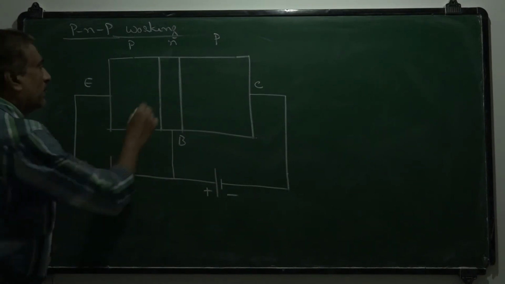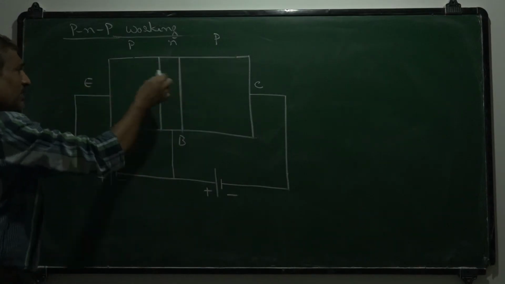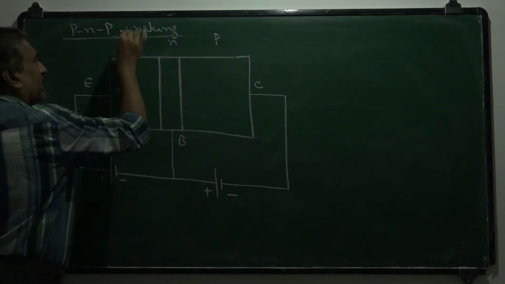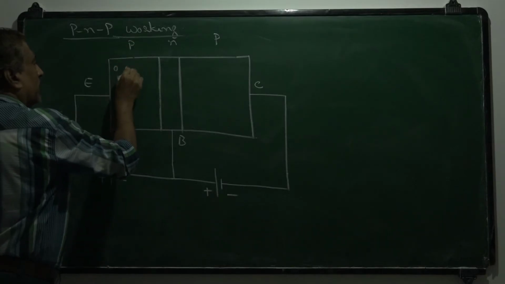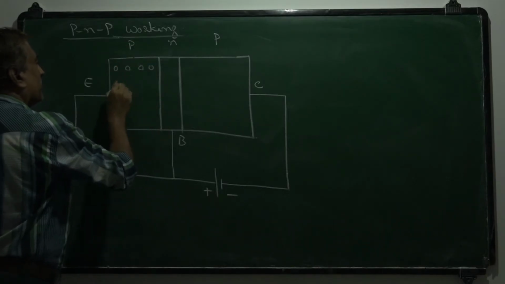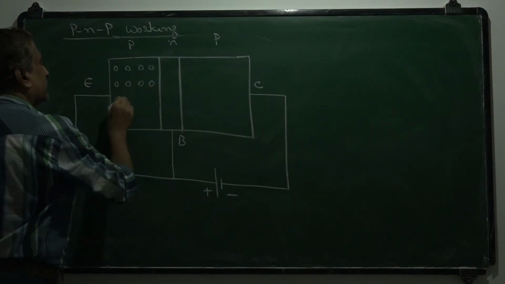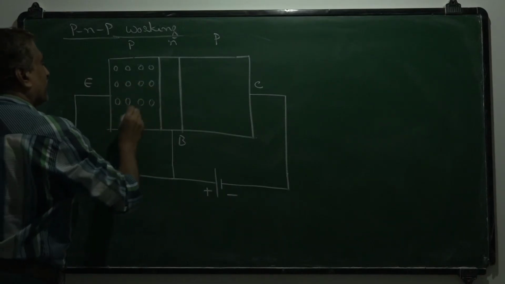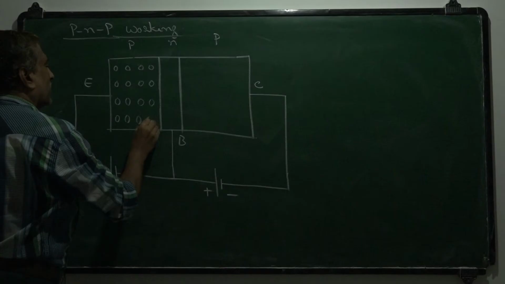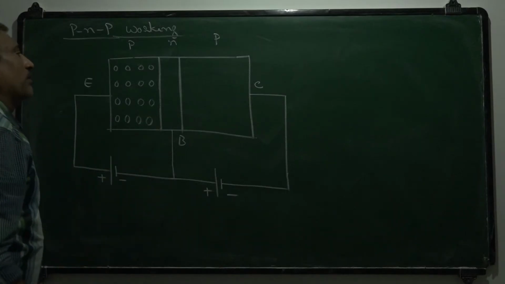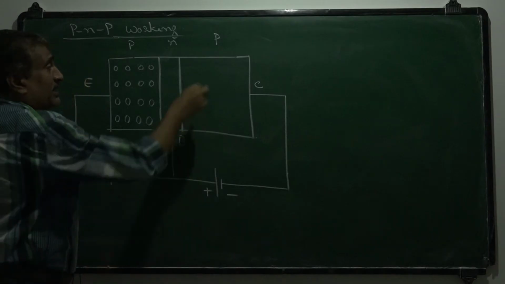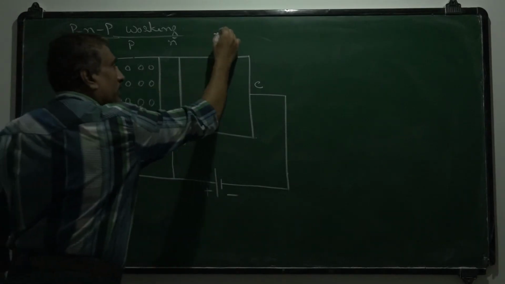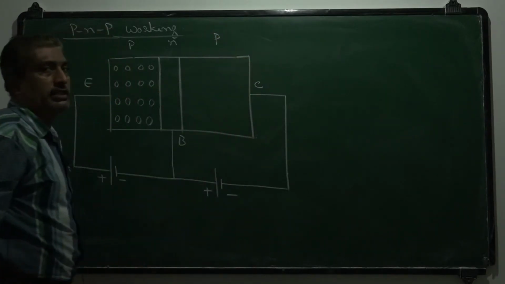Now, as this is p-type material, the majority carriers in this p region are holes, like this. The collector is also a p region, so in this region also the majority carriers are holes.